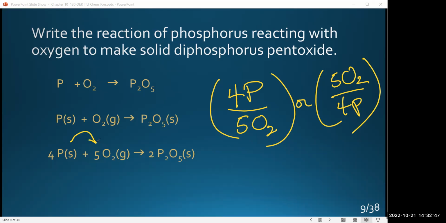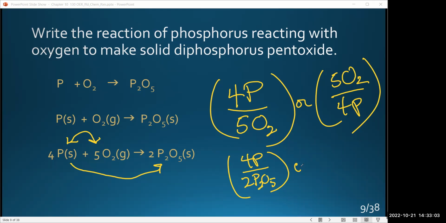And that's between the reactants, but we got one between the phosphorus, which is 4P over 2 P2O5s. Okay. Or you can write that inverted, P2O5 on the numerator, 4P.